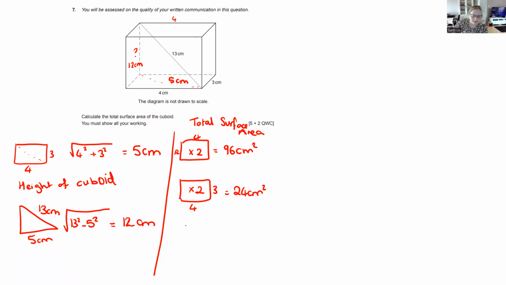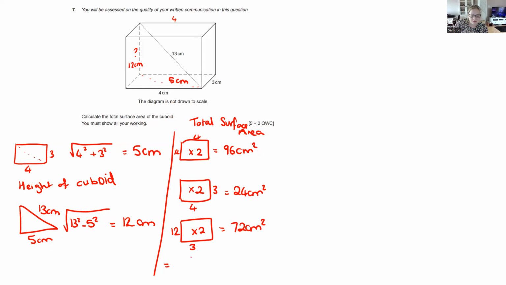Hopefully your shapes are a little bit better than mine. We've used 4 and 3, and 12 and 4, so what we've got left is 12 and 3. Again, it's not drawn to scale, it doesn't need to be. And that is going to be 72 centimeters squared.